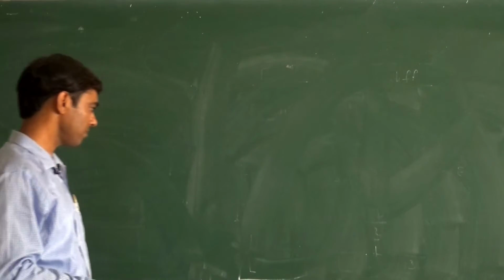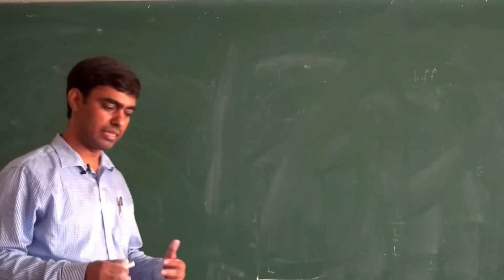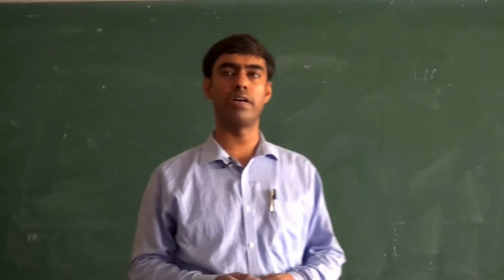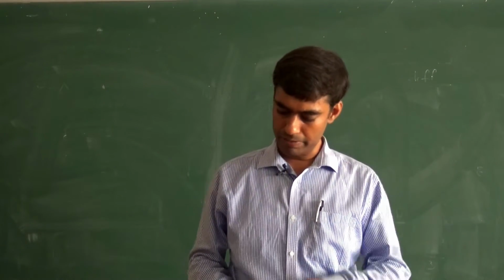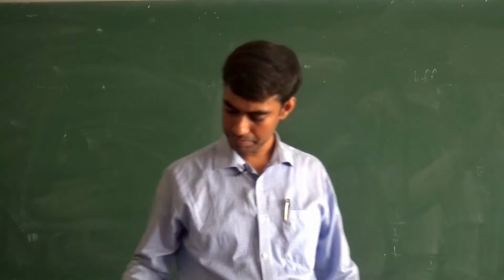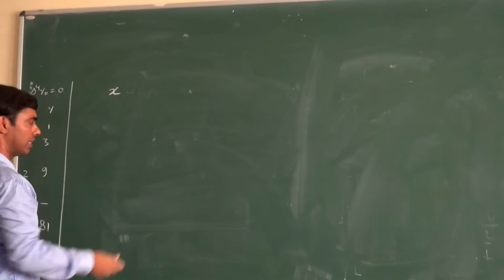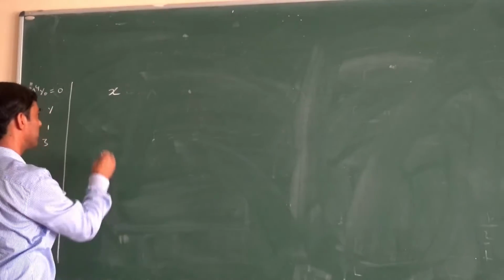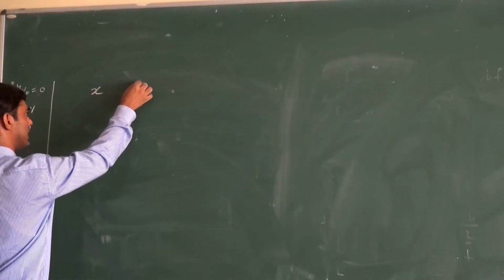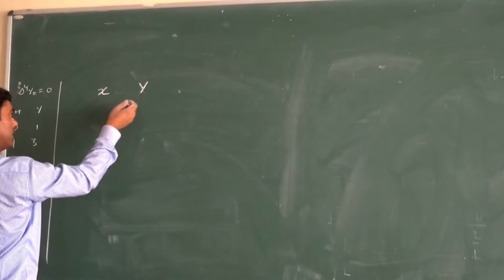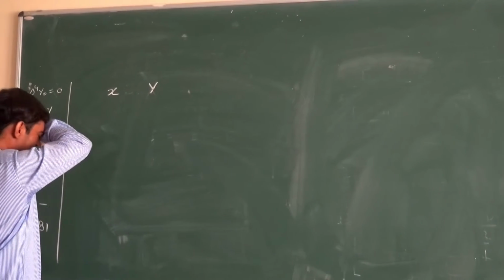So if we try to write these difference operators in tabular form, suppose this one is the ordinate. These are the values of the ordinate, and this one is the entry.